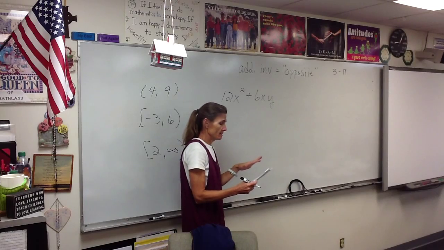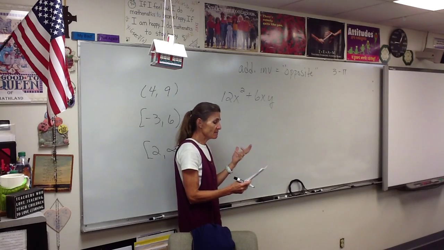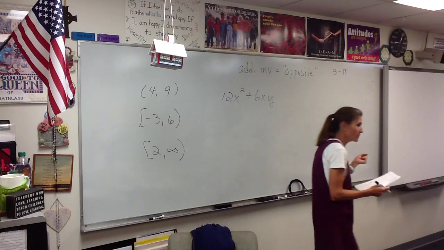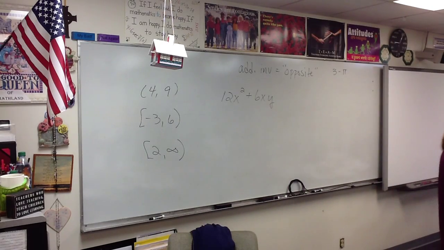Well, wait a minute. B doesn't even have any parentheses in it. How can we use the distributive property there? You go backwards. You pull out. The distributive property works both ways. It works by getting rid of the parentheses, which is what we did in example 1, and it works by putting in parentheses, which is what we're going to do here.